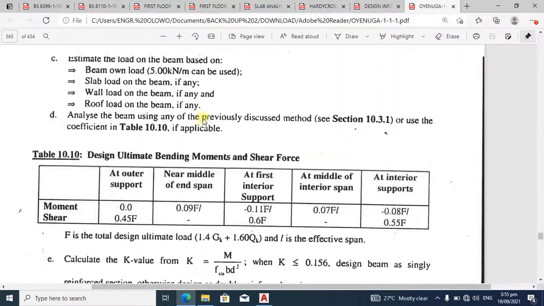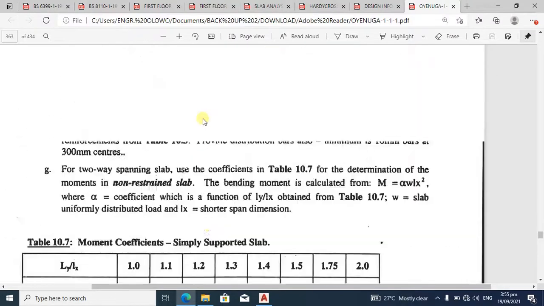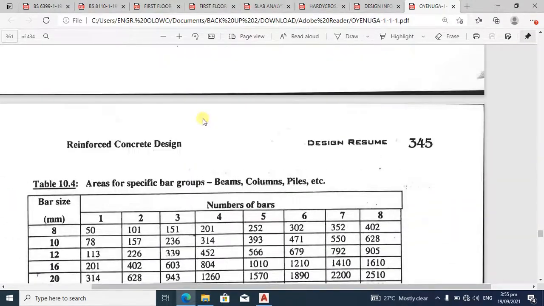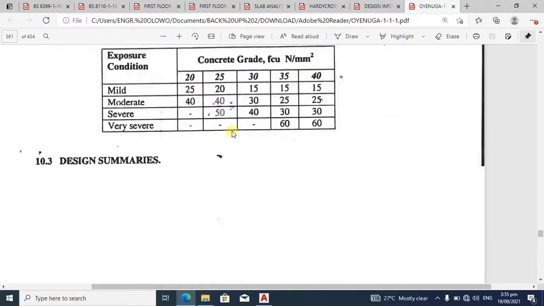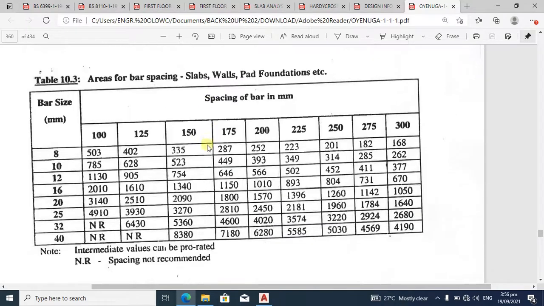This is the provision table. You can see areas for bar spacing in slab, walls, and pad foundations.